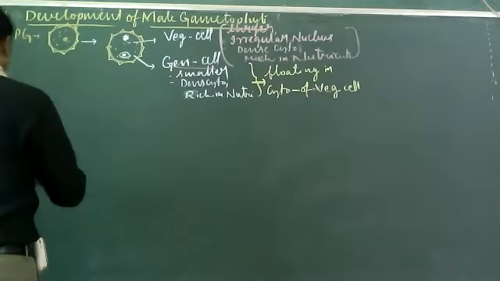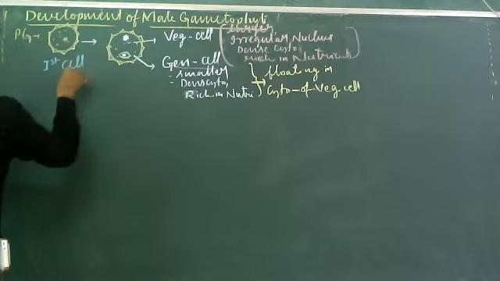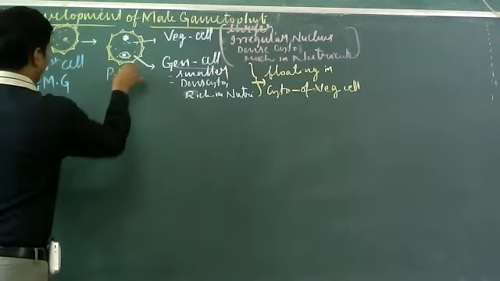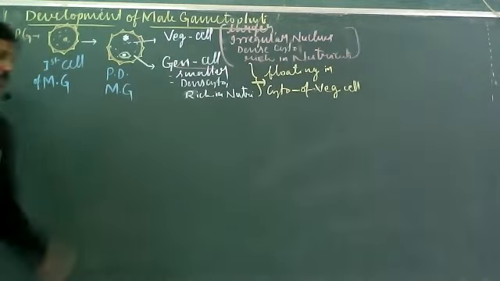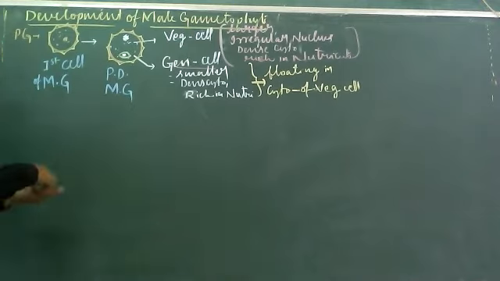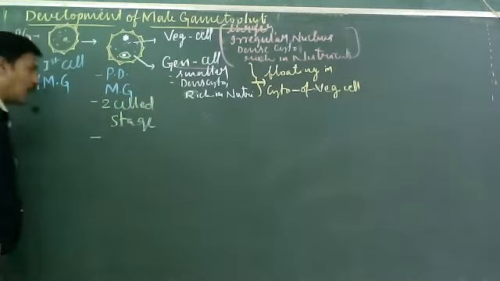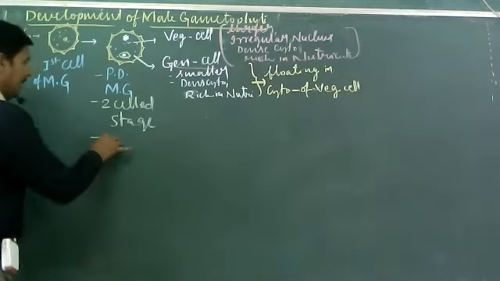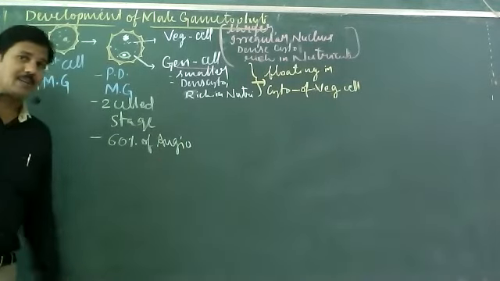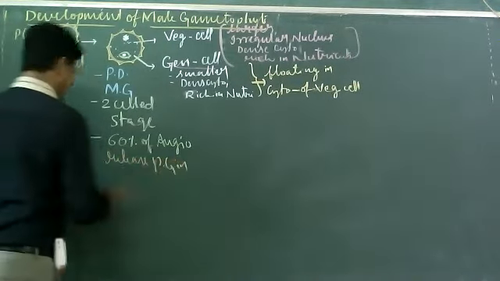This is the first cell of male gametophyte, and this is the partially developed male gametophyte, that is, the two-celled stage.